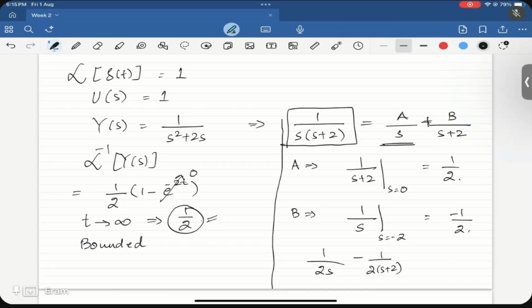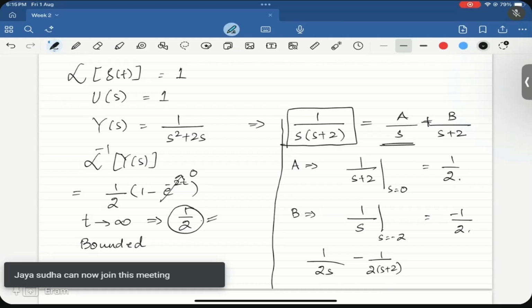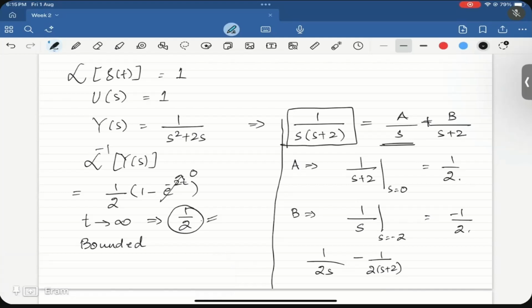It says that the output should remain bounded for all bounded inputs. And what is the criterion? How can we check it? If all the poles of the transfer function lie on the left half plane, then we say the system is BIBO stable.